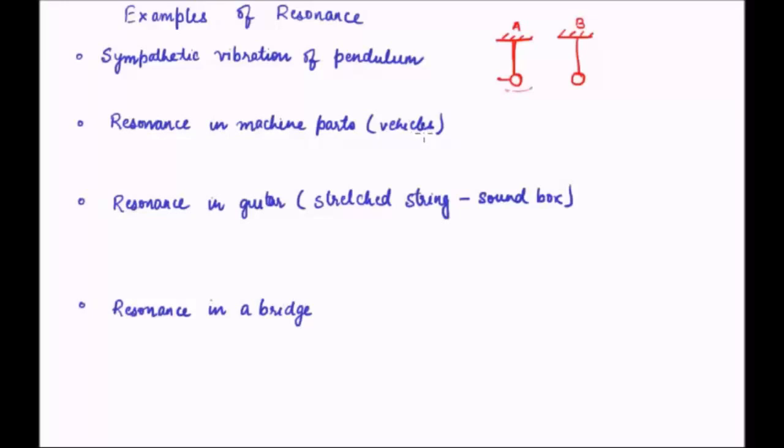Second, resonance in machine parts. An example we will see is in vehicles. You must have noticed that at certain speeds the vehicle starts to vibrate very rapidly. There is a lot of jerking in the vehicle even though the road is quite smooth.